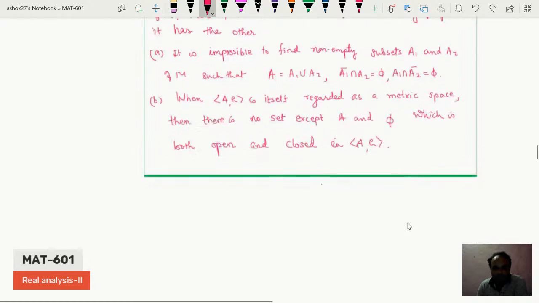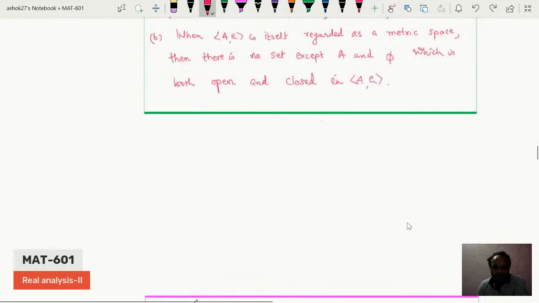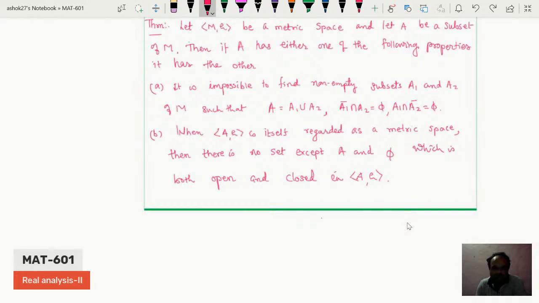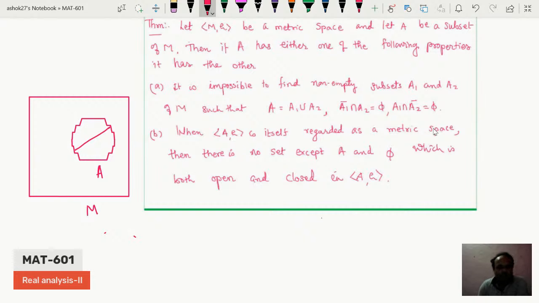So this theorem provides us a partition of sets. This pair A1 and A2 will be the partition for set A. So suppose M is a metric space and A is any subset of M, with this as A1 and this as A2.